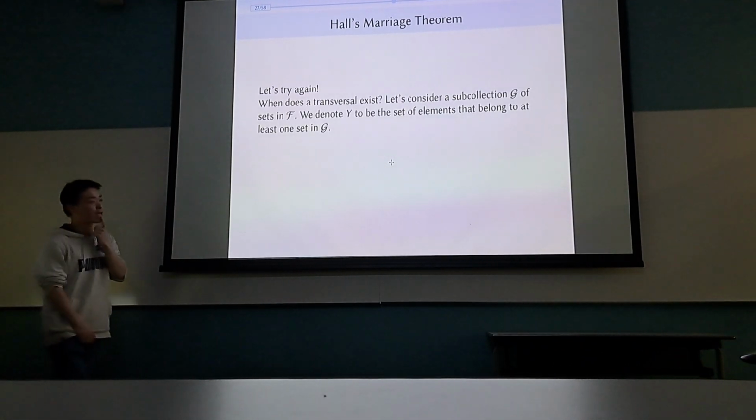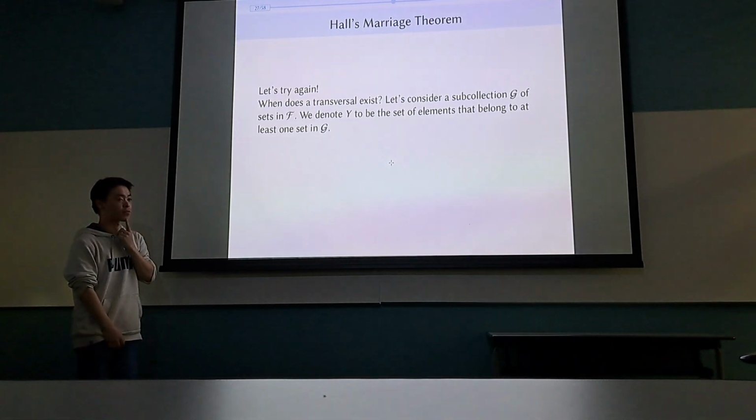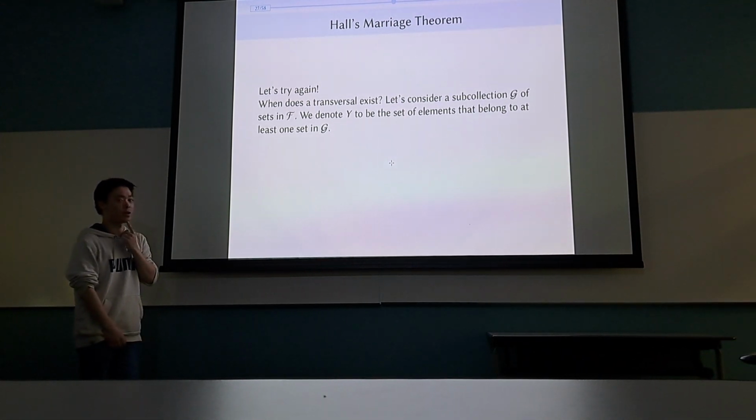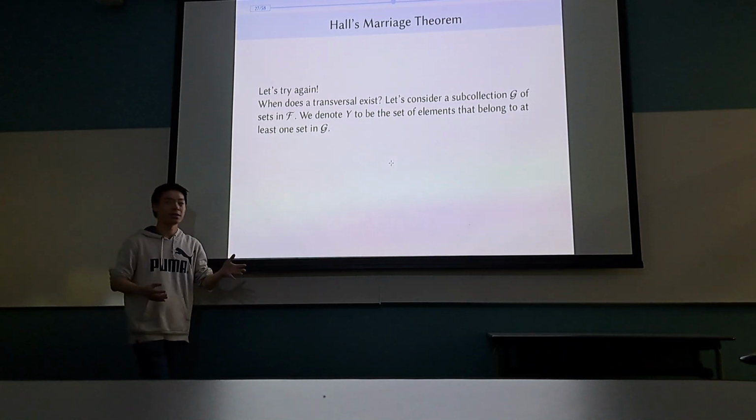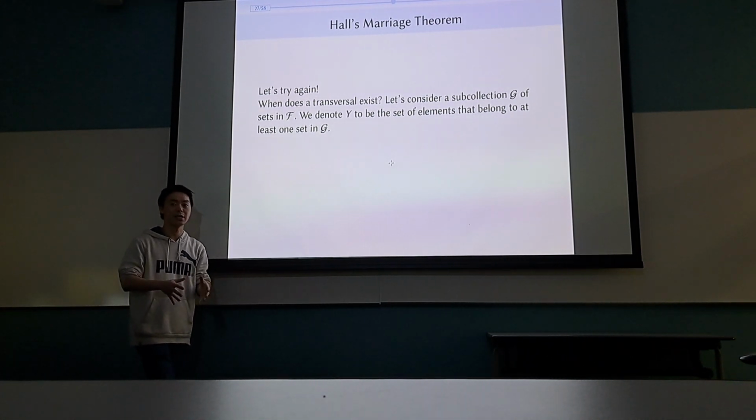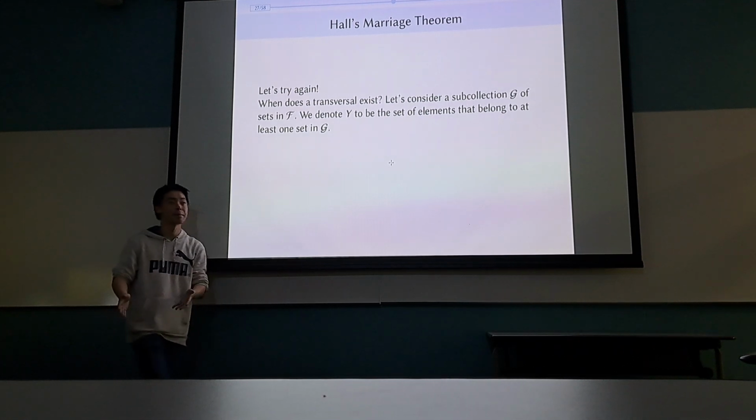So let's try again then. Instead of choosing it from a subset of the union of all of my elements, maybe I want to restrict the elements to specifically the elements along my family.